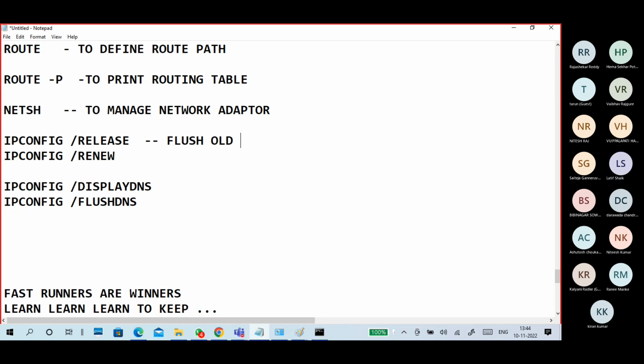This is to flush the IP address, the DHCP IP address, the dynamic IP address. Removing the configured addresses. Yes, that is a good word actually.